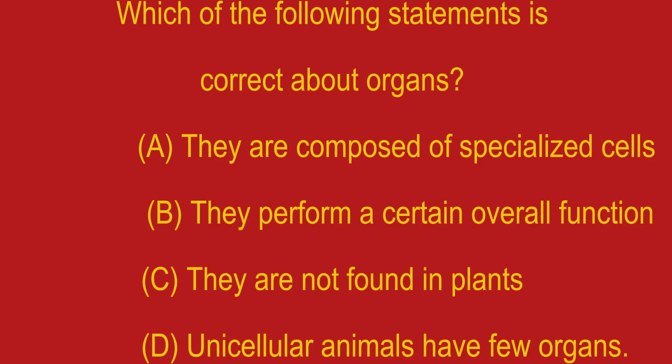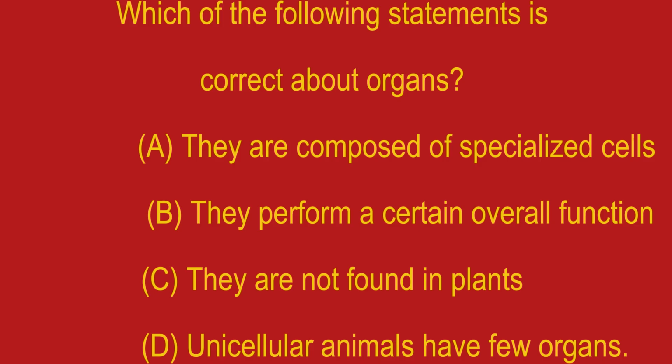Okay, organs perform a certain overall function, but let's look at option C before we conclude. They are not found in plants. Organs are found in plants because we have so many organs in plants. We have roots as an organ. We have stem as an organ. We have leaf, we have flower, we have fruits, we have seeds.